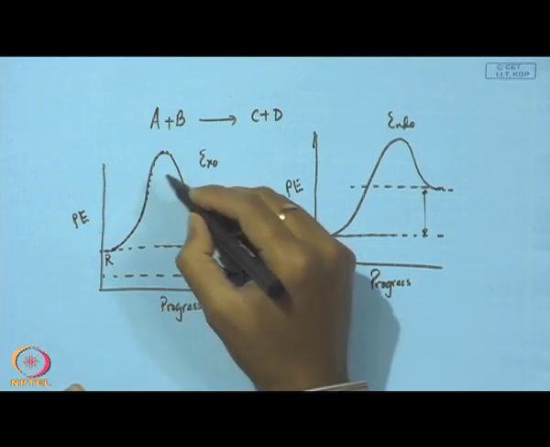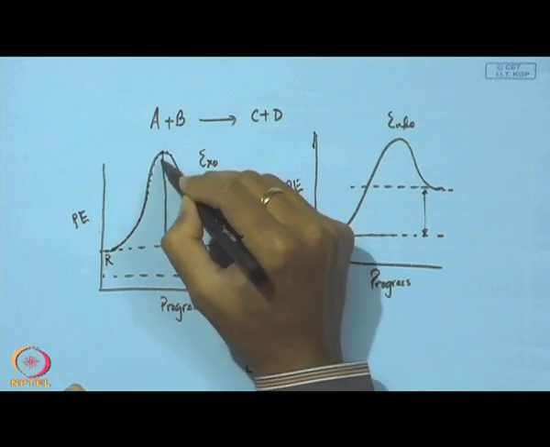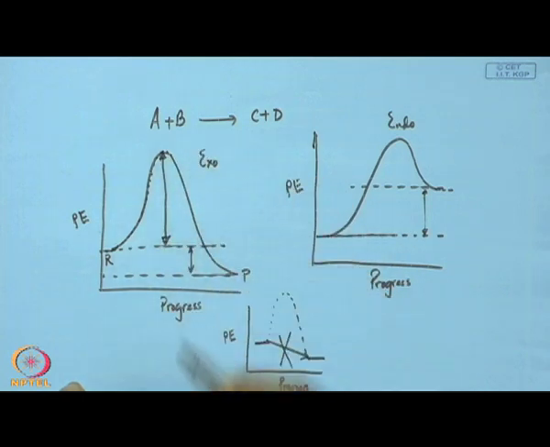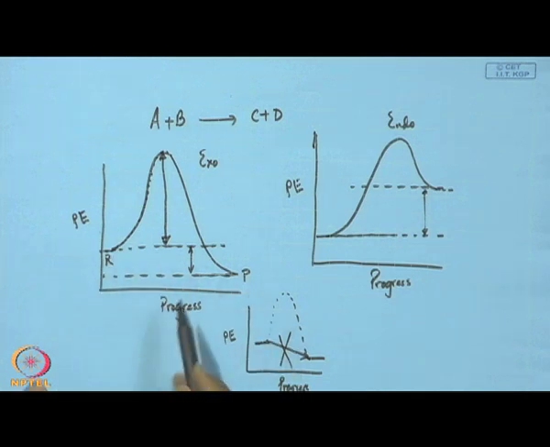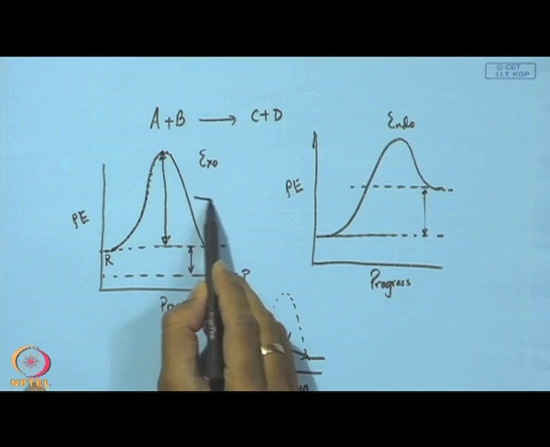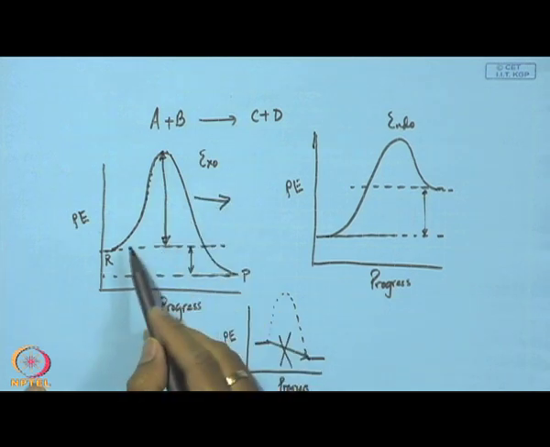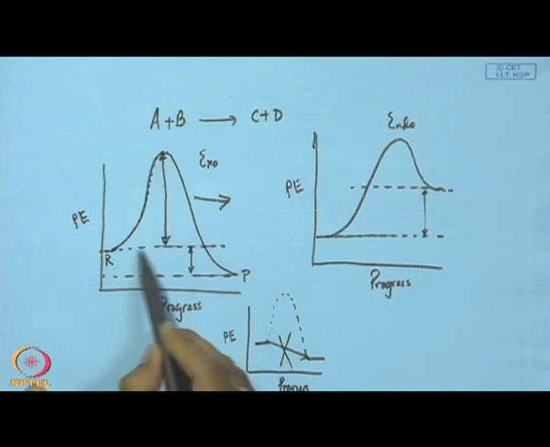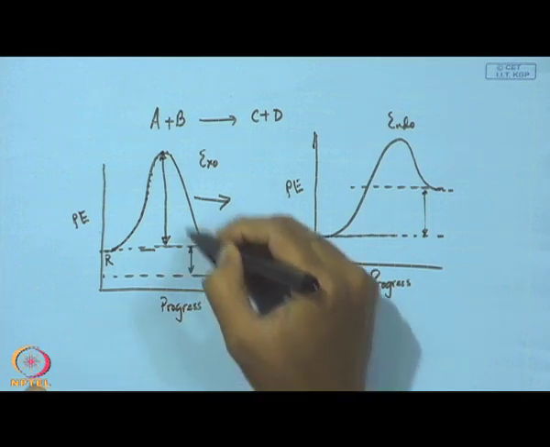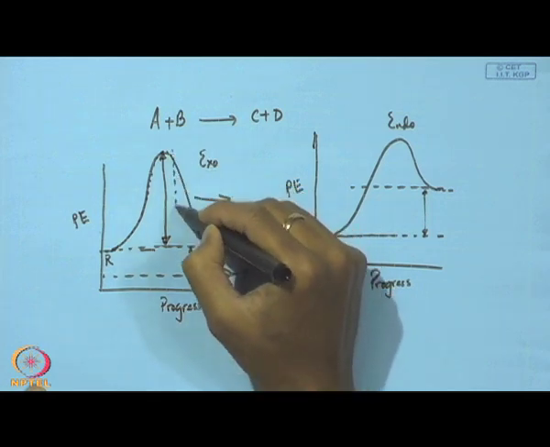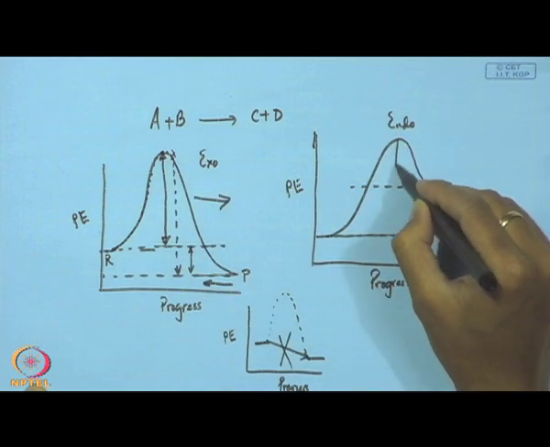And this barrier height is called the activation energy, and this activation energy should always be calculated from your reactant side. If the process happens in this direction, that is from left to right, then you should calculate it from this side, and if the process is in this direction, then your corresponding activation energy will be this, or maybe here also the activation energy is this.